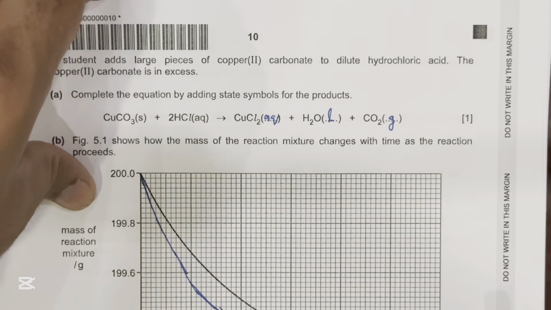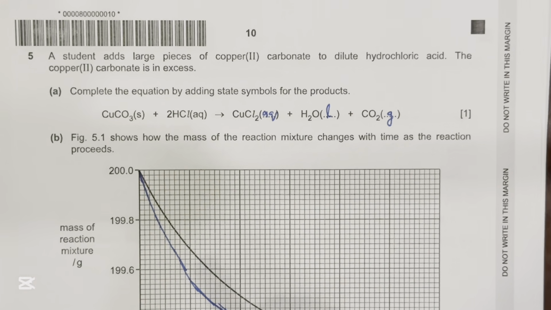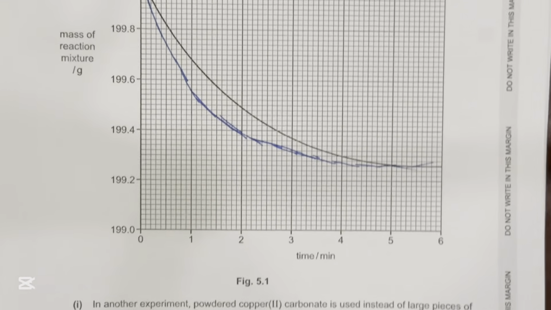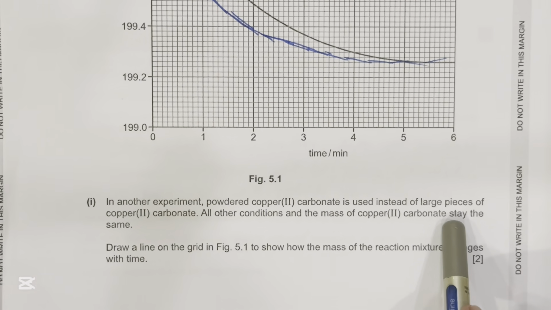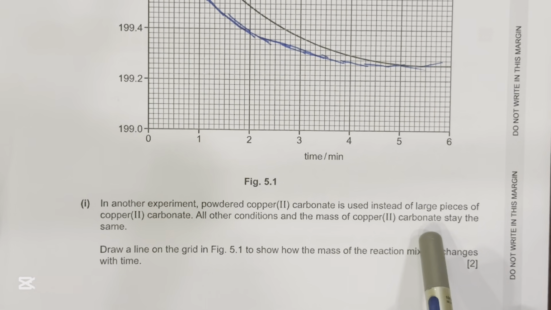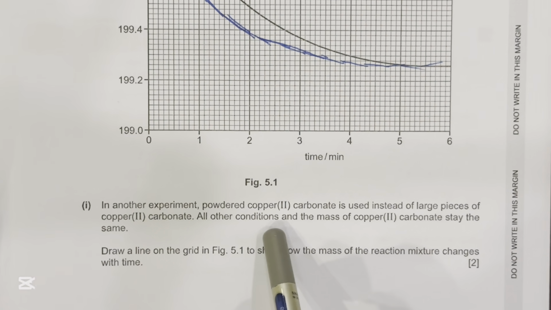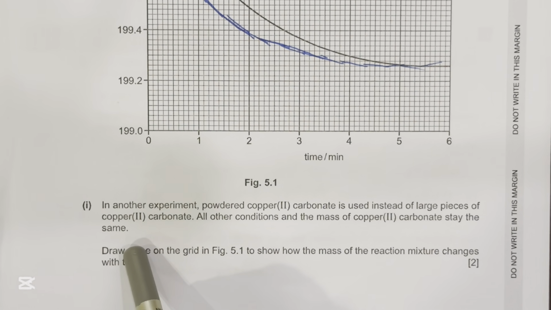Next part: figure 5.1 shows how the mass of the reaction mixture changes with time as the reaction is proceeding. In another experiment, powdered copper carbonate is used instead of large pieces. Powdered carbonate has a greater surface area, and a larger surface area increases the rate of reaction. All other conditions and the mass of copper carbonate stay the same.